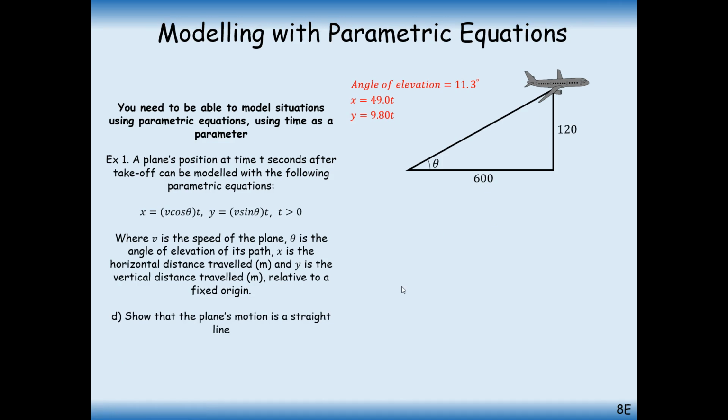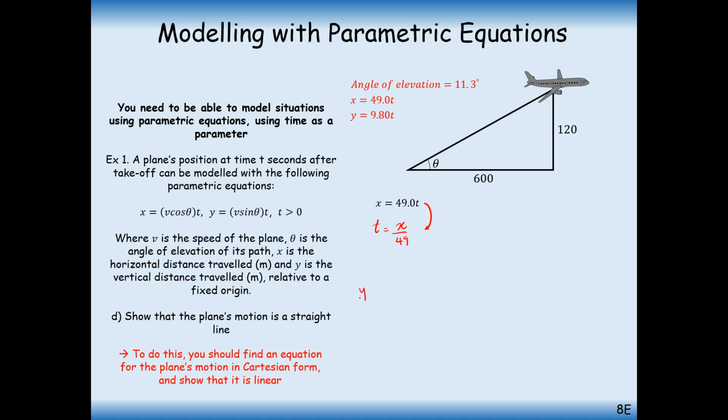Then in the next part of the example, we are asked to show that the plane's motion is a straight line. So we take the x value here and rearrange it for t. We'll have t equal to x divided by 49, and y is simply 9.8 times t.